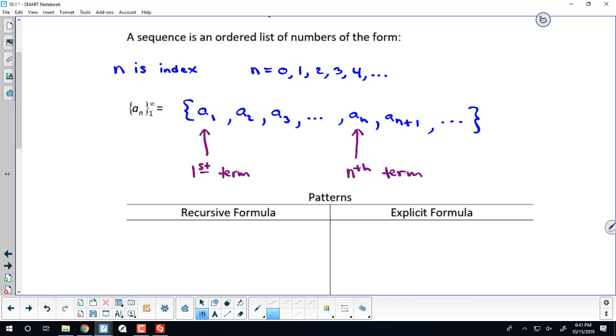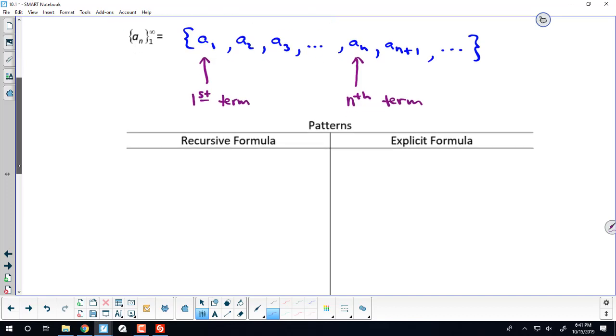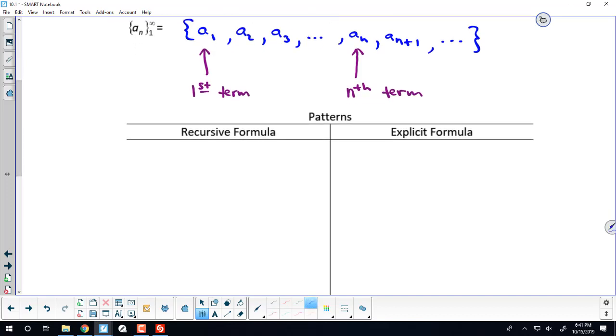By explicit, as we've seen with functions defined explicitly in terms of x, an explicit formula tells you that if you have n, like n equals 1 or 12 or whatever, then you can obtain the nth term.